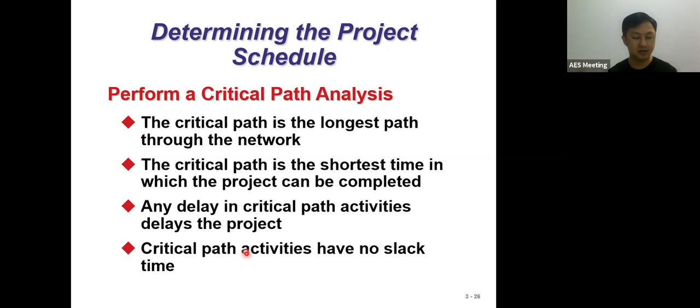The critical path is a formation of all your critical activities. Once you delay the project, you also significantly delay your critical activity duration. That is what we are trying to manage. Obviously, the critical path activity usually has no slack time. I will explain what is meant by slack time.